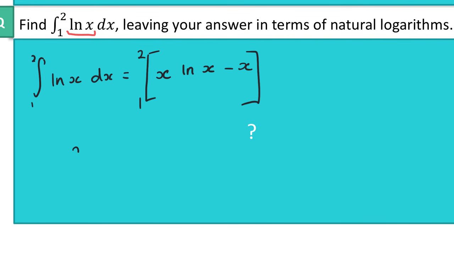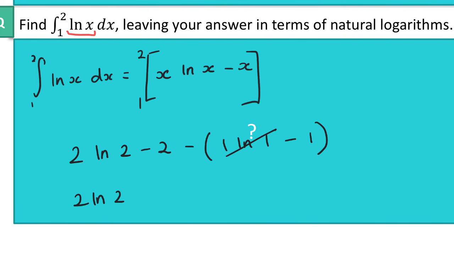So I'm going to get 2 ln 2 minus 2 minus, and then I'm going to get 1 ln 1. What is ln of 1? Minus 1. I know that's going to cancel to get 0, so I'm going to get 2 ln 2 minus 2 minus 1 is plus 1. So that means I get 2 ln 2 minus 1. So, nice and simple. Brilliant.